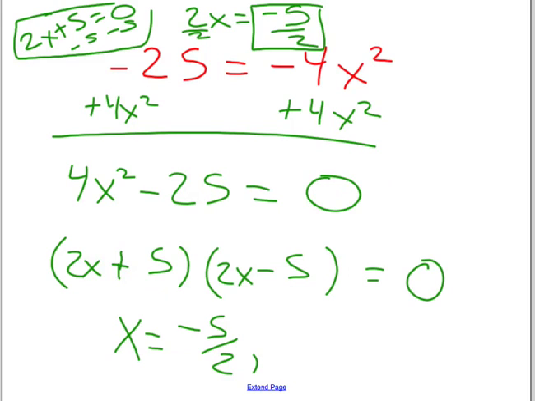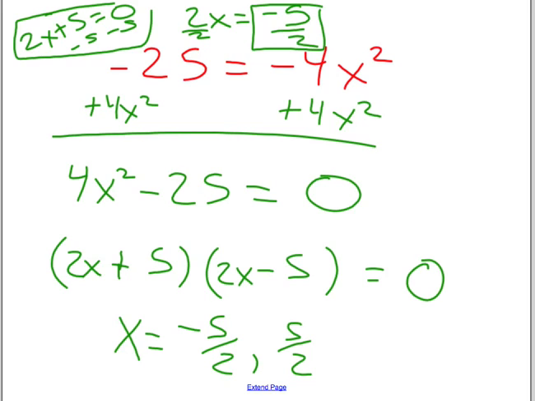So what would our answer be for the other one? Positive 5 halves. It's the opposite sign. And if you have a coefficient with your variable, it's the constant over the coefficient. So negative 5 halves and positive 5 halves are your answers.